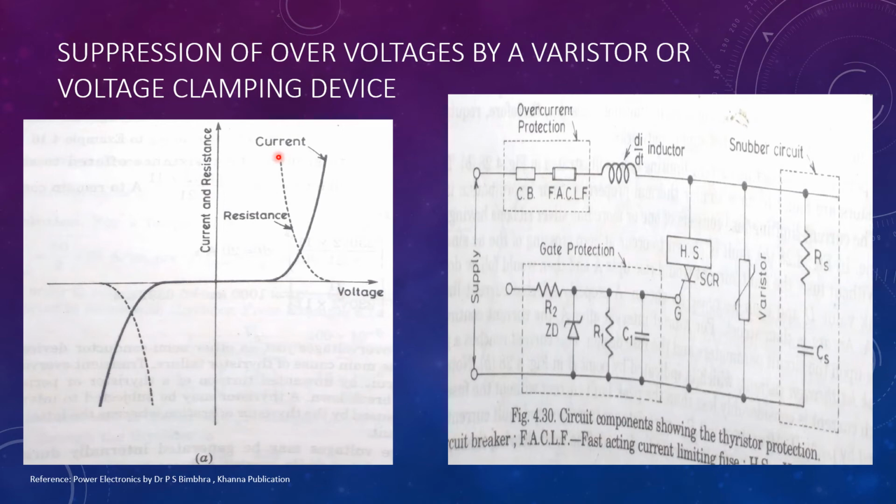Under normal working conditions, at a voltage below the clamping level, the device has a high resistance and draws a small leakage current. When a voltage surge appears, the voltage clamping device operates in the low resistance region, and it produces a virtual short circuit across the SCR.